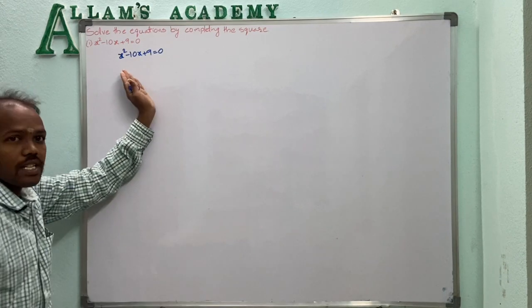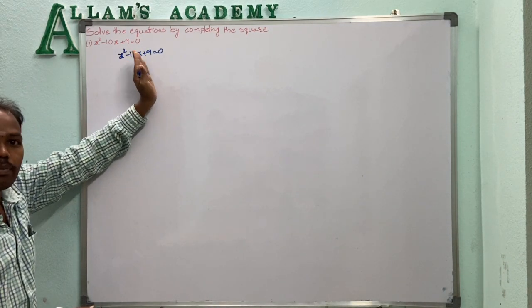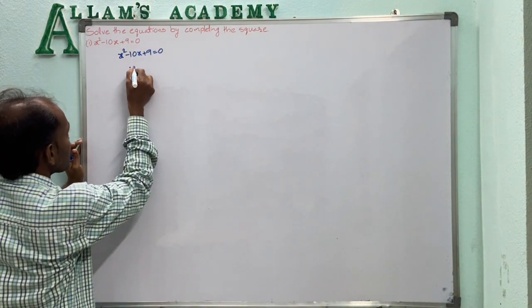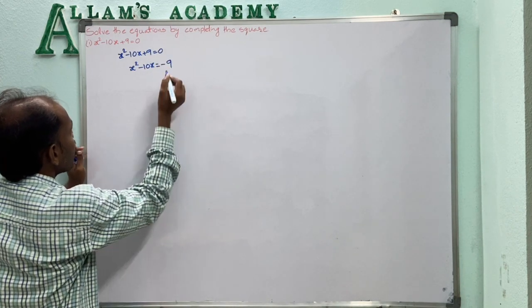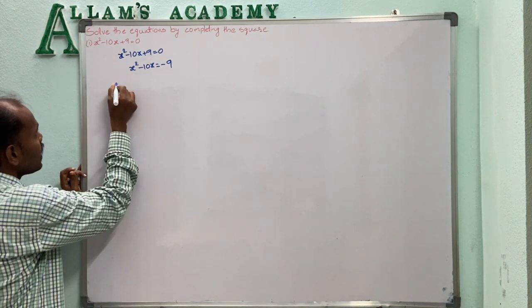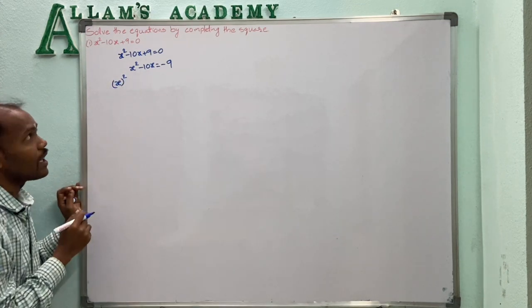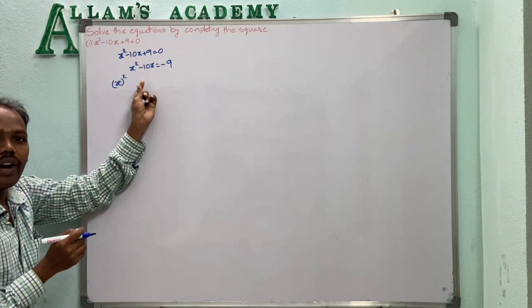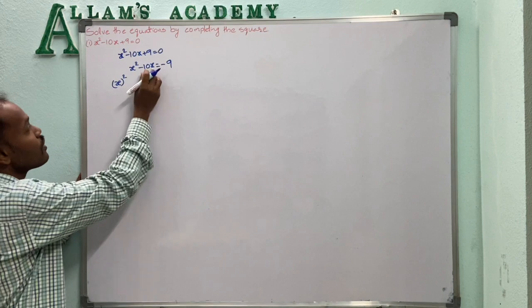Now, first transfer the constant term. Here the constant term is plus 9, so we transfer it to the other side, that is minus 9. 0 minus 9 is minus 9. Next, the x square term is single, so we take it as a square, and here the symbol is minus, so we turn it into the a minus b whole square form.